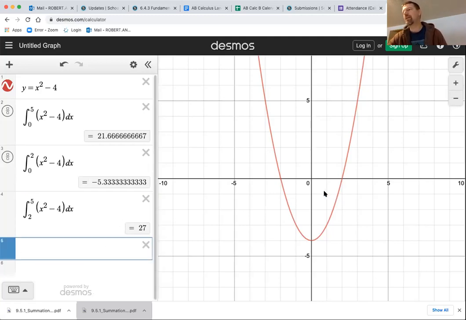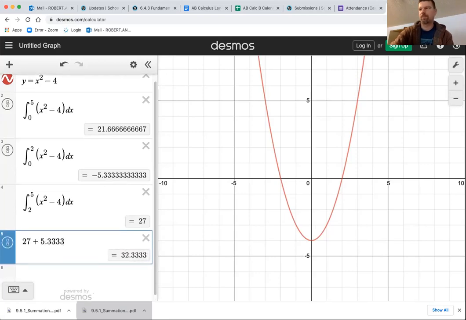And this negative 5.333 integral is still a positive area. So my total area would be the 27 from over here, plus a positive 5.333. My total answer is 32.333 for the total area, versus the integral by itself was 21.66 because it counted this as a negative value instead of a positive.